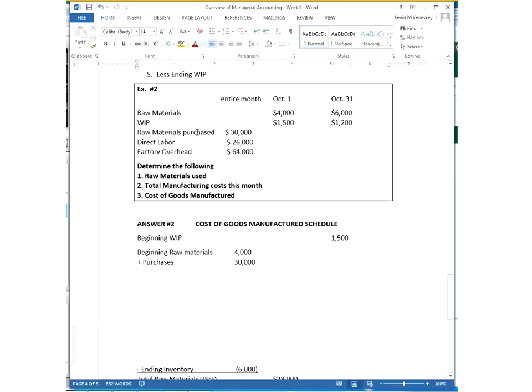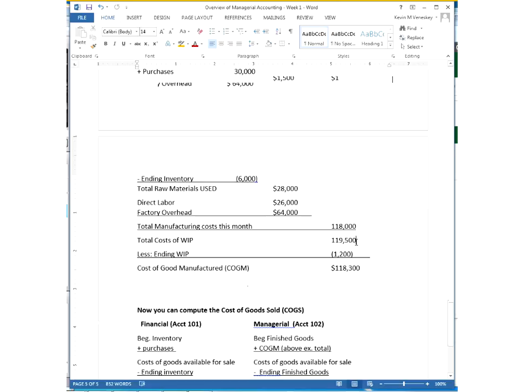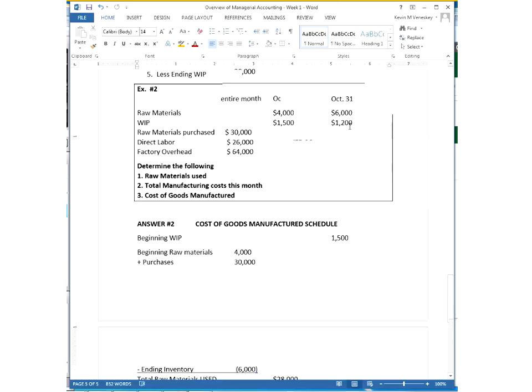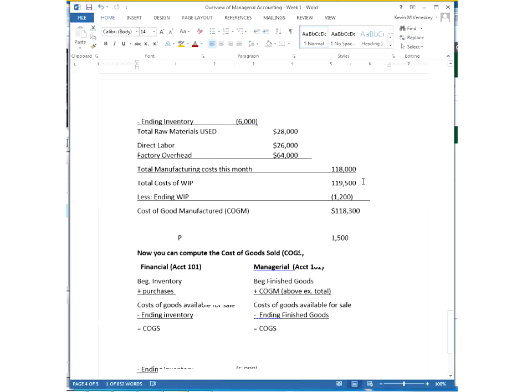And then the last thing I need to know is what's my ending inventory. And it tells us right here in the work in progress, my ending inventory was $1,200. So out of the $119,500 that it's possible ready to use and get rid of or send on to the next work in progress or ending inventory, only $1,200 was left.